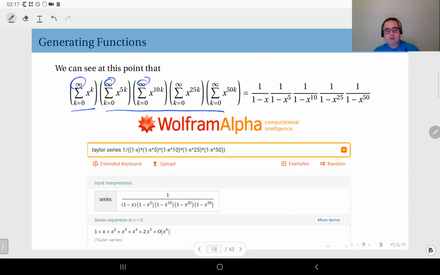But of course, as we have just seen, at this point we can write this as 1 over 1 minus x, and this one as 1 over 1 minus x to the power 5. This one can be written as 1 over 1 minus x to the power 10, and so on. So this function is in fact the generating function when we talk about the coin problem.